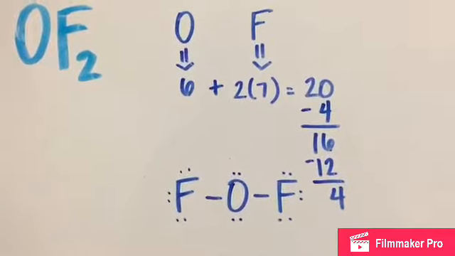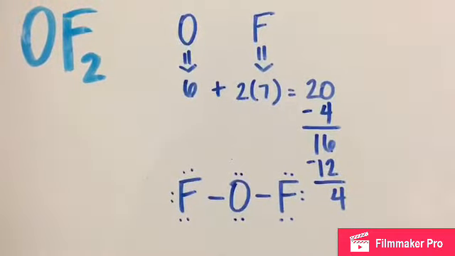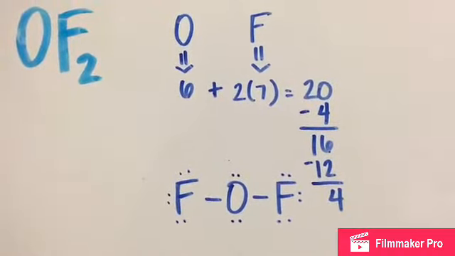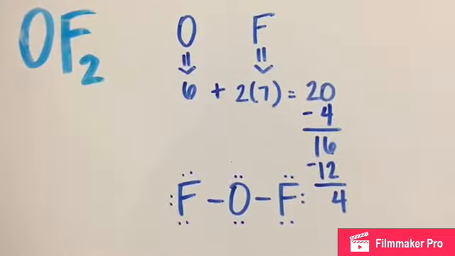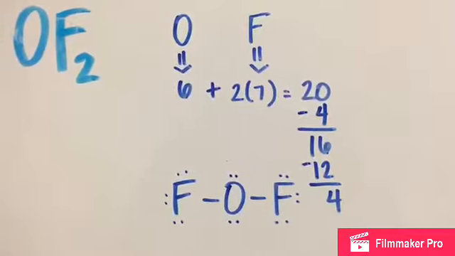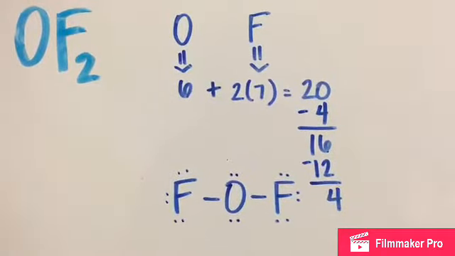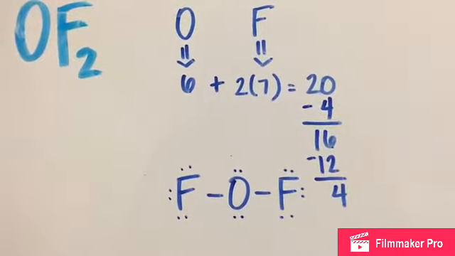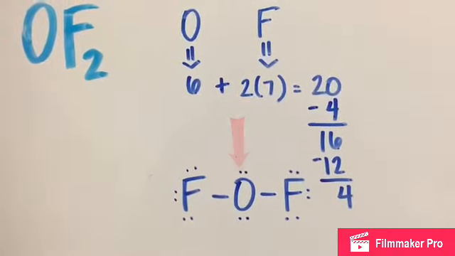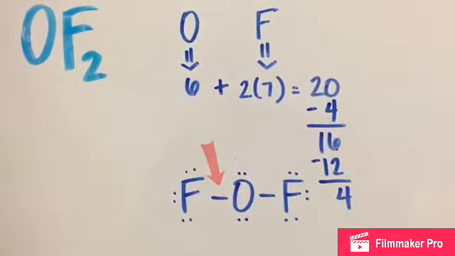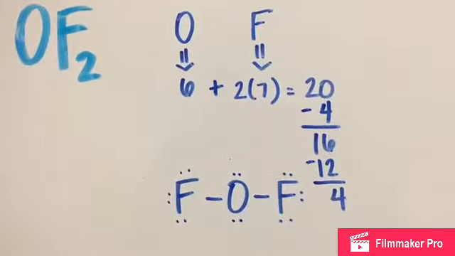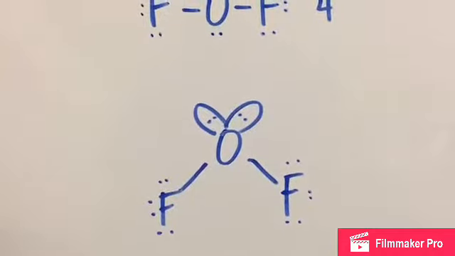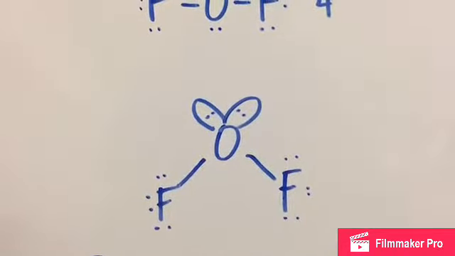Now that we have the Lewis structure completely drawn, we can determine the domain and molecular geometry for the molecule. So we see that the central atom has 1, 2, 3, 4 domains. The molecule will look something like this.